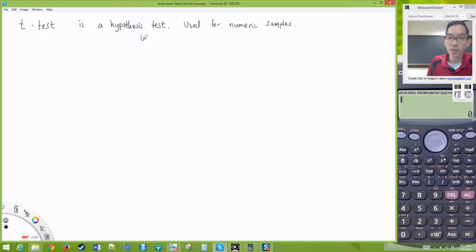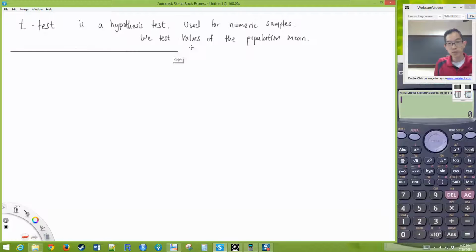Okay, we test values of the population mean. Okay, and so when we set up our hypotheses, for a hypothesis test, we always have a pair of hypotheses. We have the null hypothesis, which is H0, and H0 will always have an equal sign.